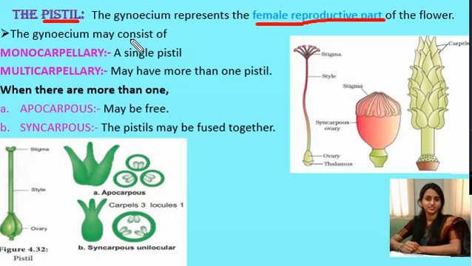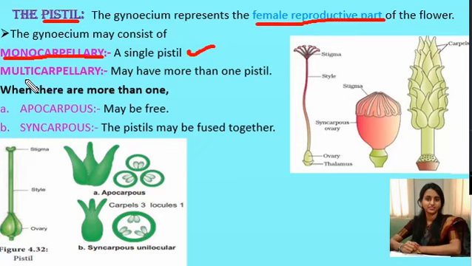The pistil may consist of a single carpel or single pistil. Such gynoecium is known as monocarpellary. For example, in pea and beans we can find the monocarpellary condition.